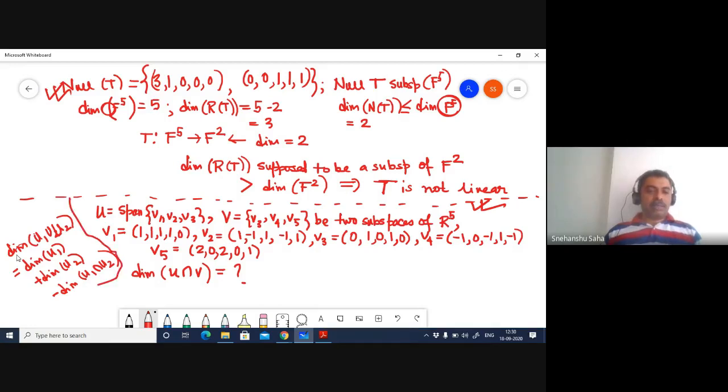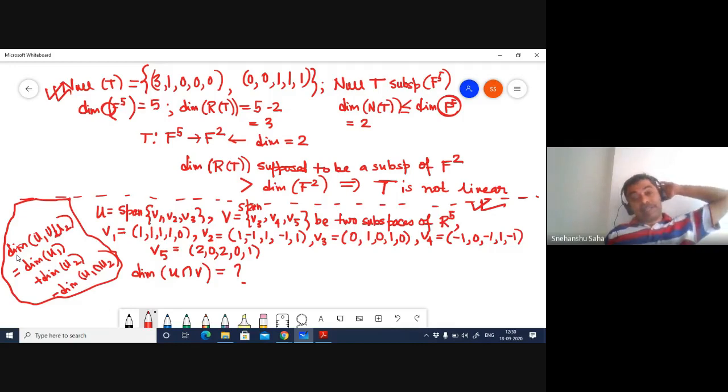So we know this. Now using this, can I figure out the dimension of U intersection V, given that these two vector spaces are two subspaces of V? U is a subspace, V is also a subspace. U is spanned by 3 vectors, and these 3 vectors are given to us.